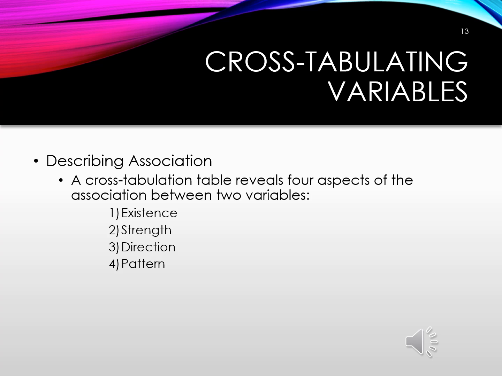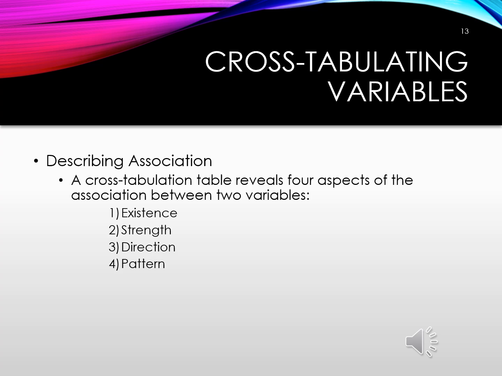So cross-tabulation reveals four aspects of the association between two variables. We have the existence: do the percentage distributions vary at all among categories of the independent variable? And then we have the strength: how much do the percentage distributions vary among categories of the independent variable?